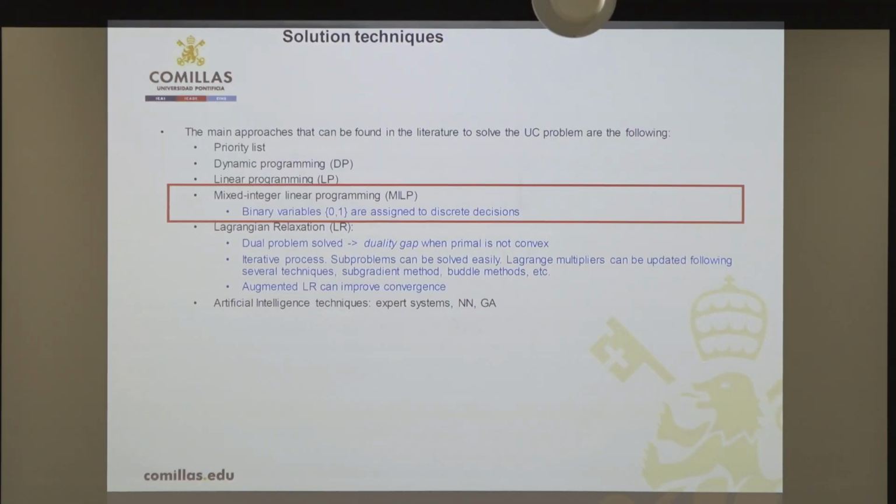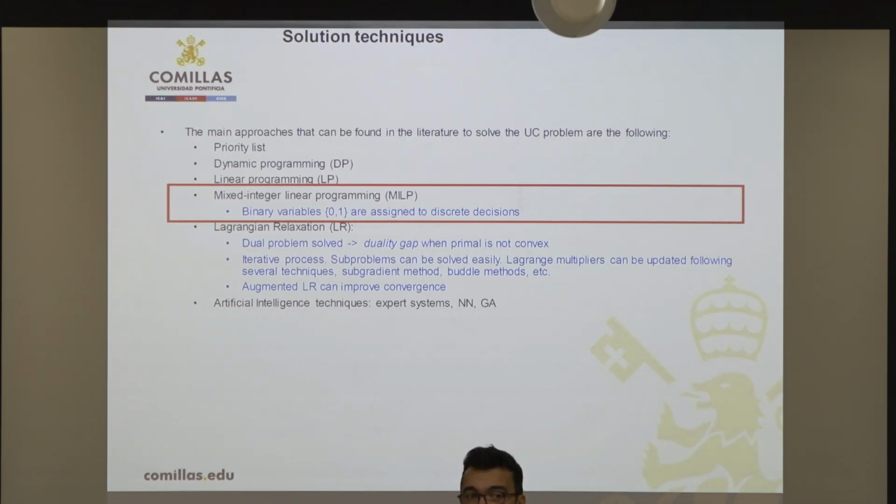Among the mathematical techniques available in the literature, there are many possibilities. Nowadays, the most preferred technique is mixed integer linear programming, which is a linear programming model in the form that Pablo explained in the introduction, but where some variables are restricted to take only integer values.